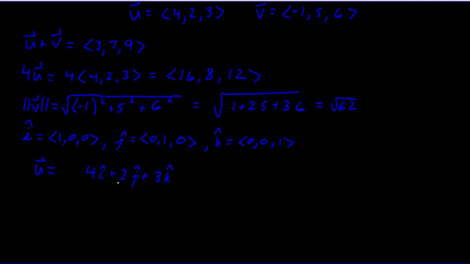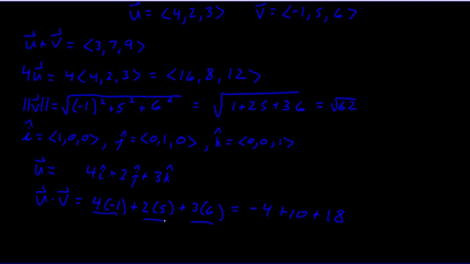Now we can also, of course, do a dot product. We just multiply corresponding components. So this is 4 times negative 1 plus 2 times 5 plus 3 times 6. That's going to be negative 4 plus 10 plus 18. I just multiply each one of those.